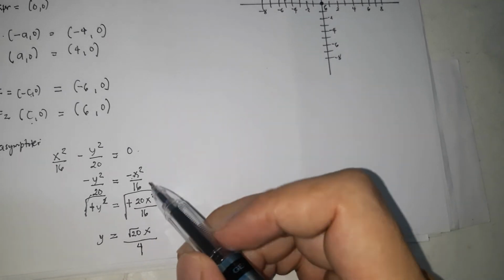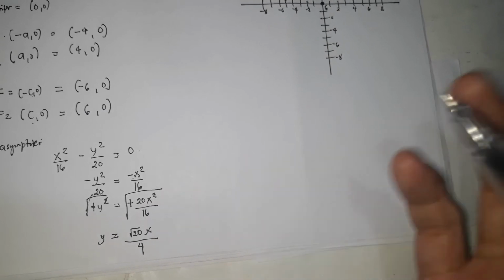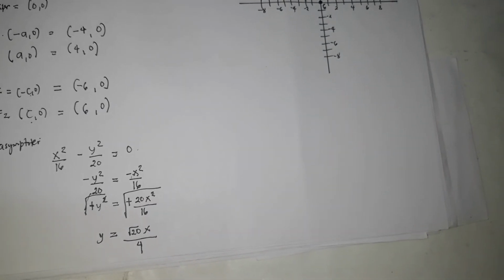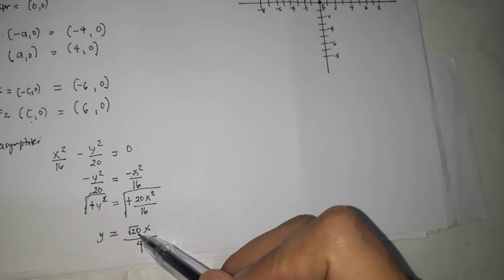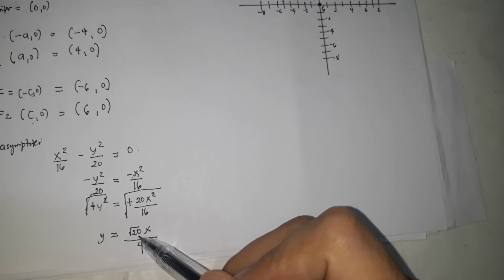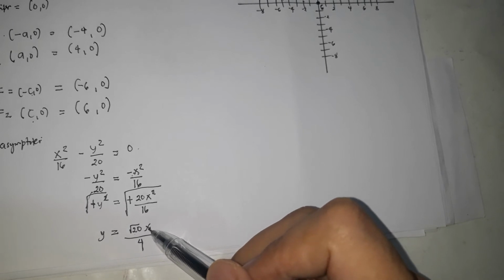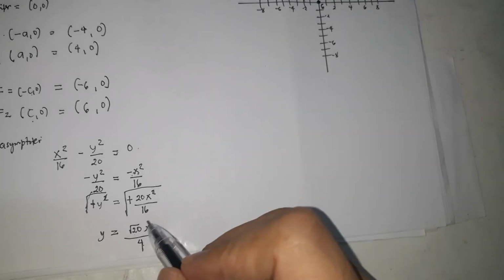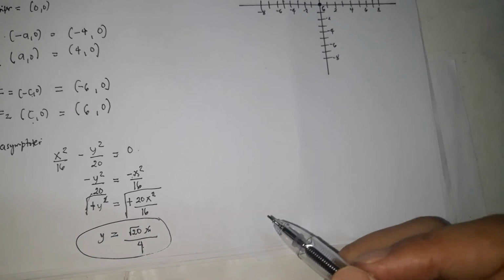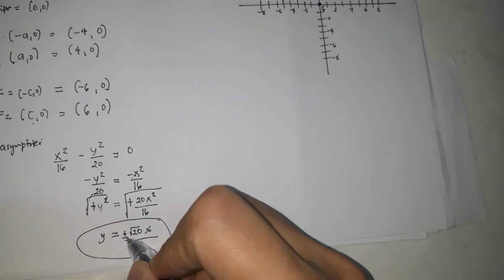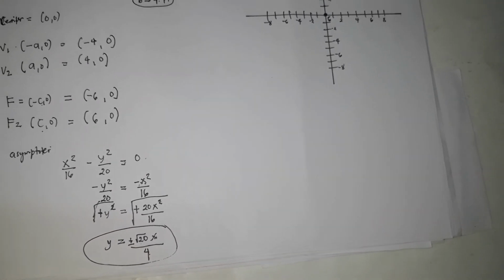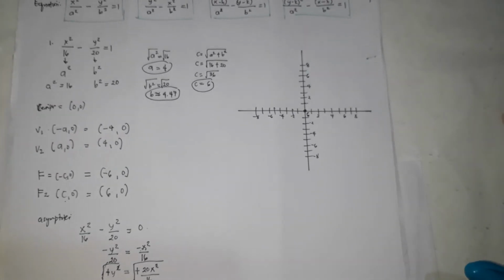That's 4. Because there is no square root of 20. Anong number kapag itabi sa sarili ng 20? So there's none. So we'll just proceed with the square root of 20 because there is no square root. x over 4. So this is the asymptote. It's positive, negative.